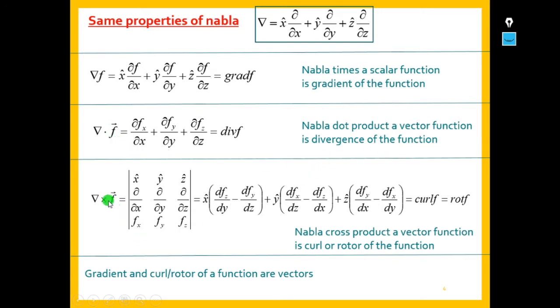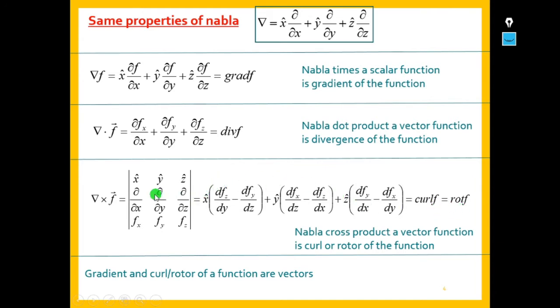Then when we use nabla with a function f using the cross product, we will get the curl function. That is, with unit vectors x cap, y cap, z cap, then dou by dou x, dou by dou y, dou by dou z, and the function f has values fx, fy, fz. So when we take the curl of this, we get curl f.